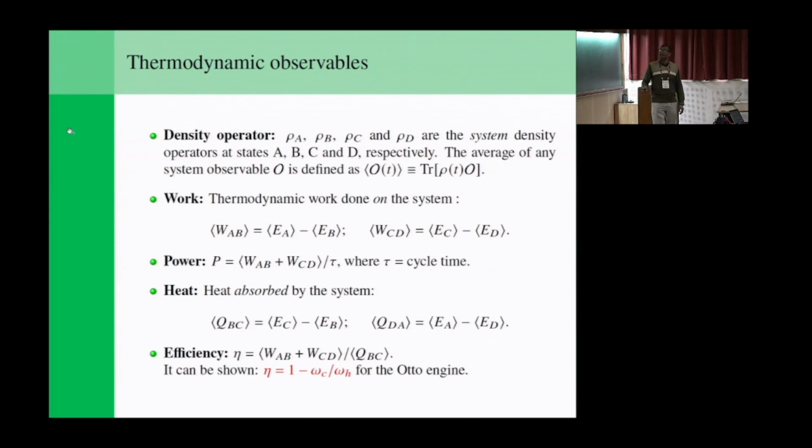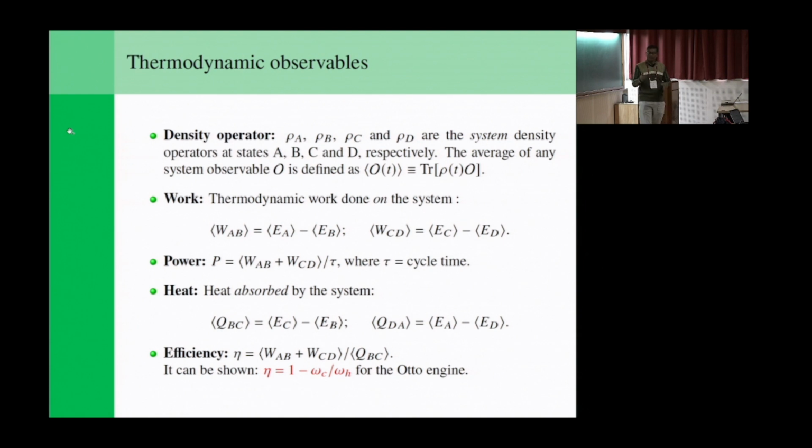Now, once we can get the density operators at these 4 vertices of the cycle, we can calculate all our thermodynamic parameters. Like the work can be calculated by the difference in the expectation values of the Hamiltonian between the extremal states of the unitary evolutions. The power is simply the work divided by the cycle time.